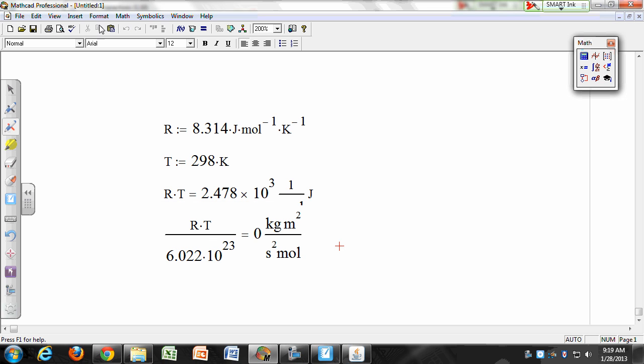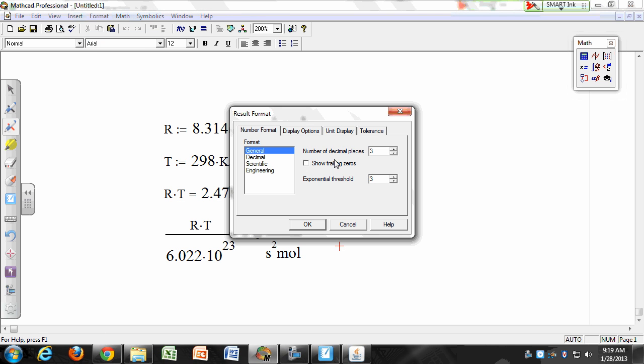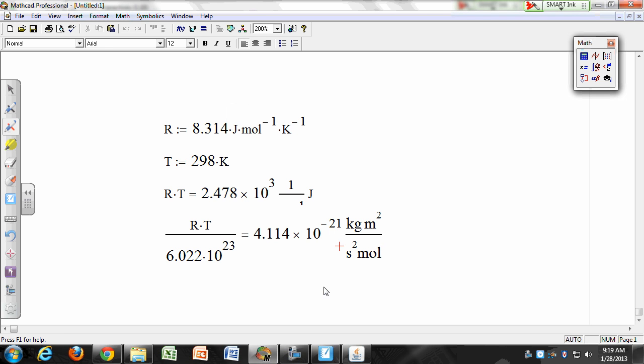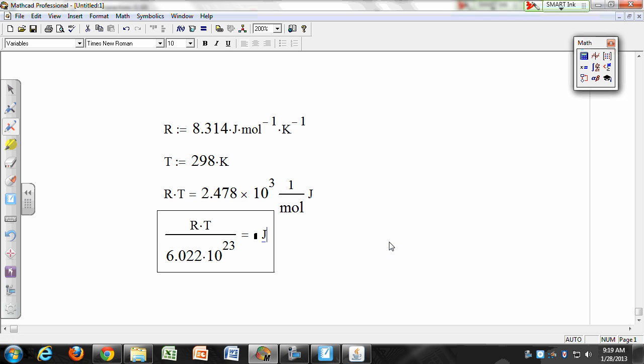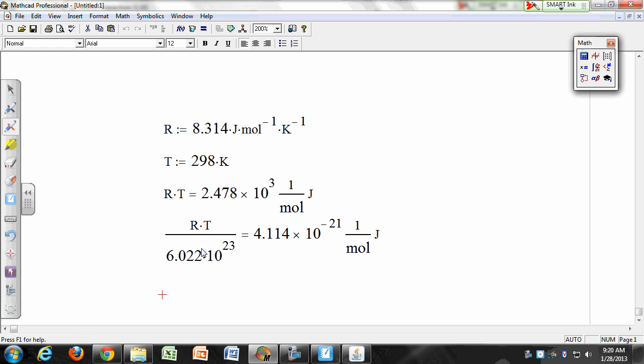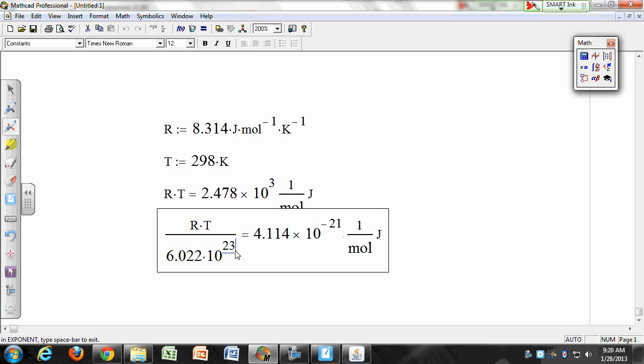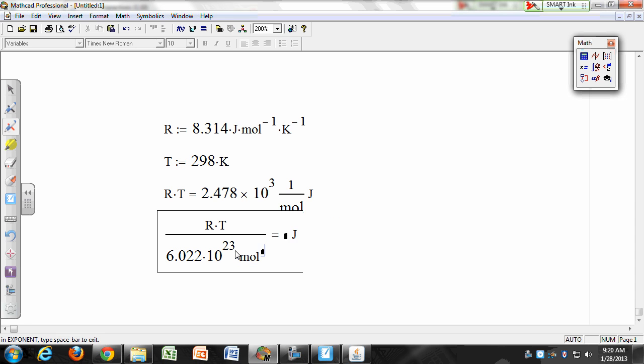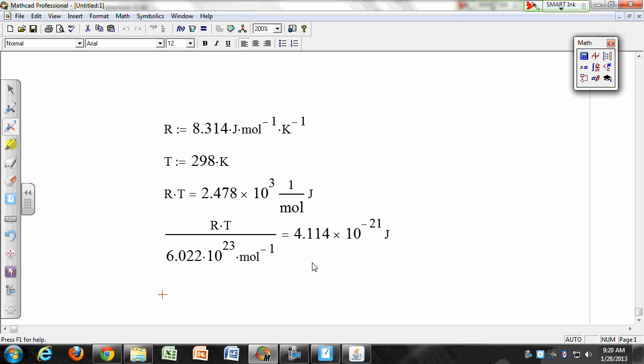So that's a small number. This is to make my units consistent, molecules per mole. So 4.1 times 10 to the negative 21.